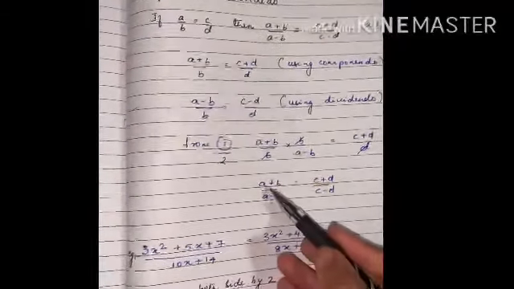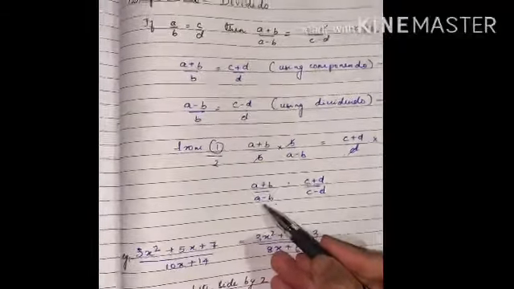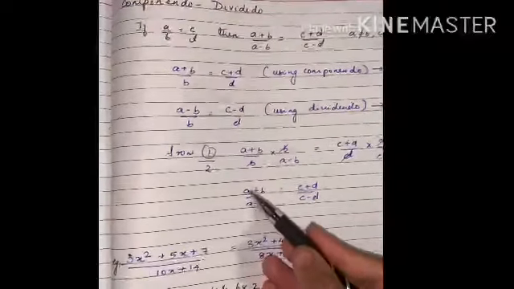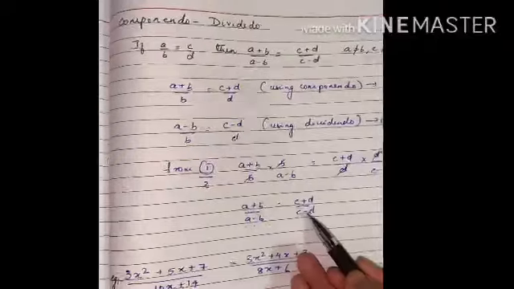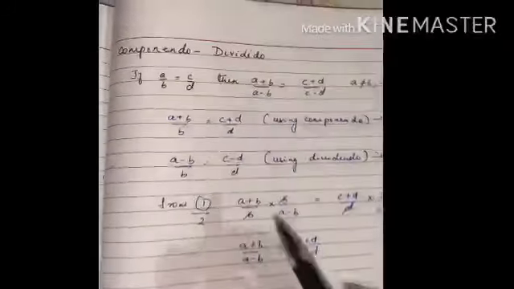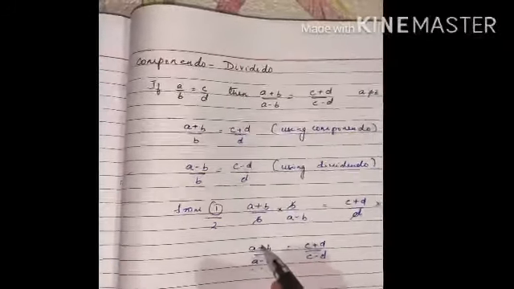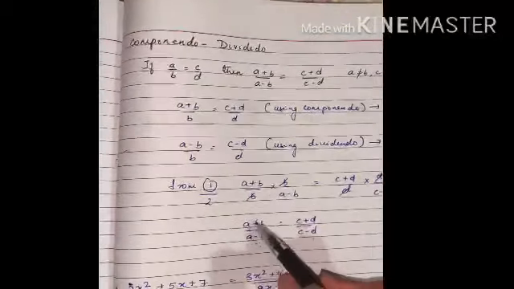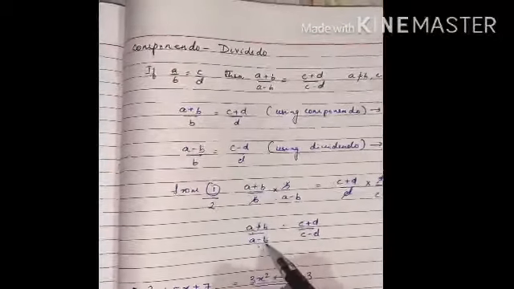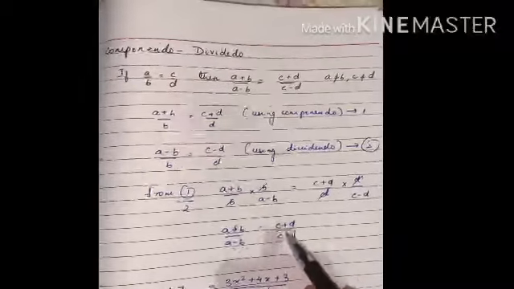The numerator of Componendo and the numerator of Dividendo, that is (a+b)/(a-b) and (c+d)/(c-d). How to remember this? You have to write the numerator of Componendo and the numerator of Dividendo in the numerator and denominator. See, a+b and a-b equal to c+d and c-d. It's very easy to remember.